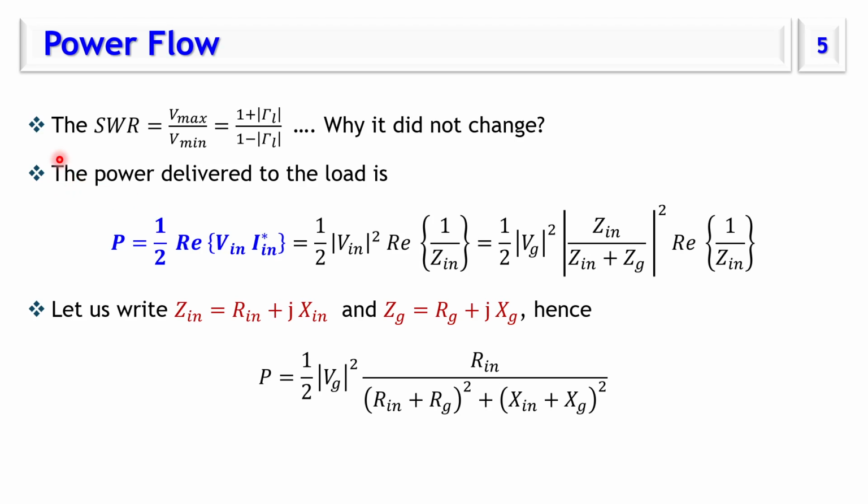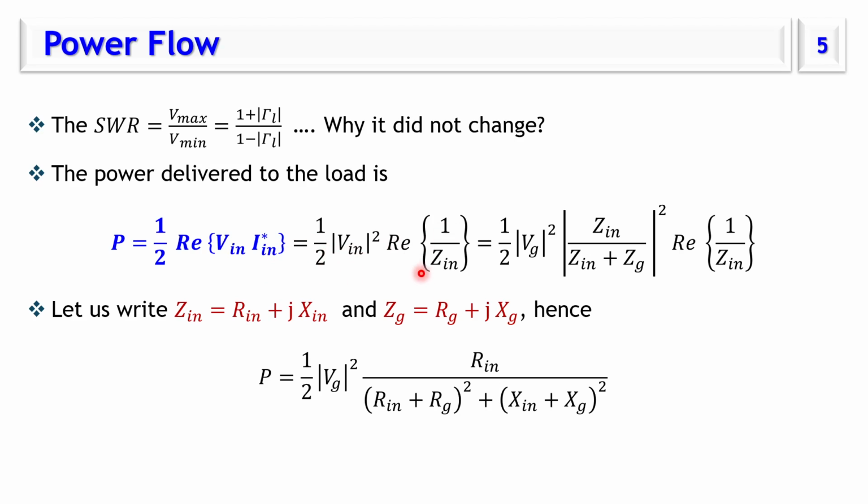Regarding the power flow, we need to discuss the power delivered to the load. Because it's AC power, the power equals the real part of V at the input multiplied by the conjugate of the current at the input.